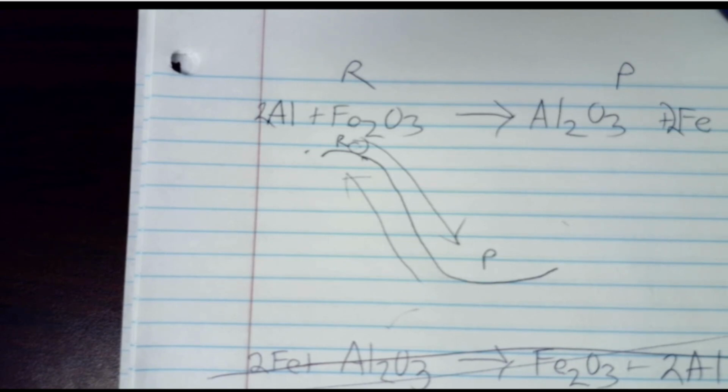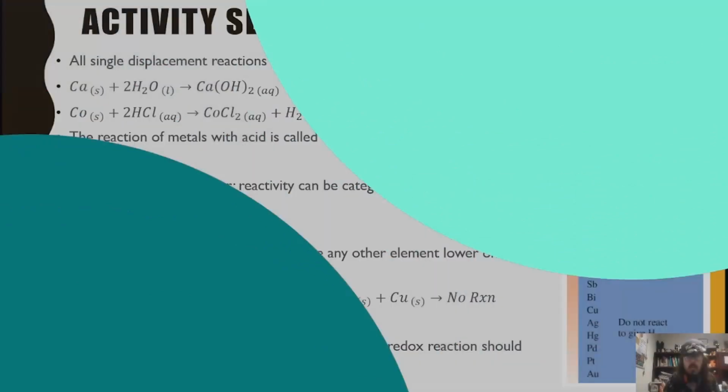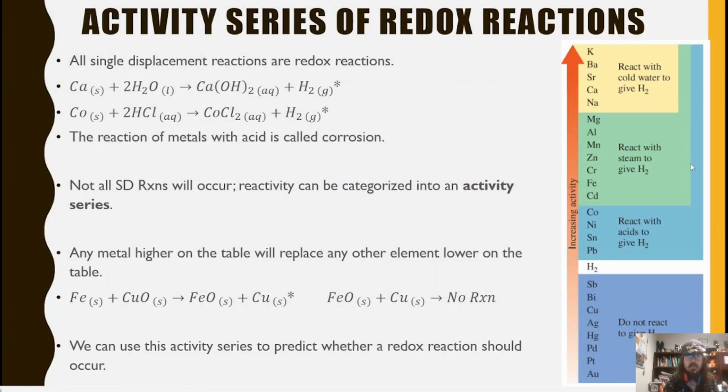So with that in mind, come to our activity series. As I said, all single displacement reactions are redox in nature. We can look at calcium plus water forms calcium hydroxide and hydrogen gas.